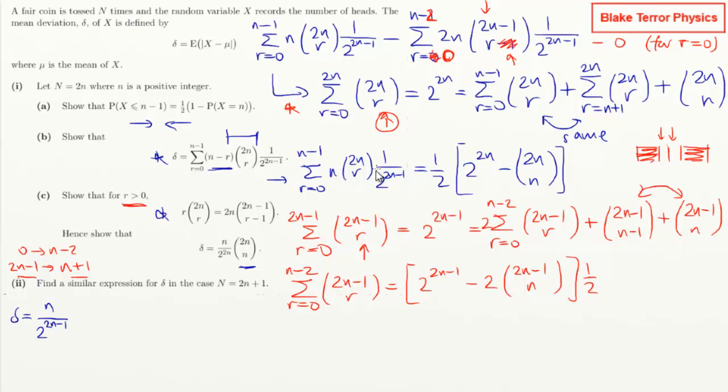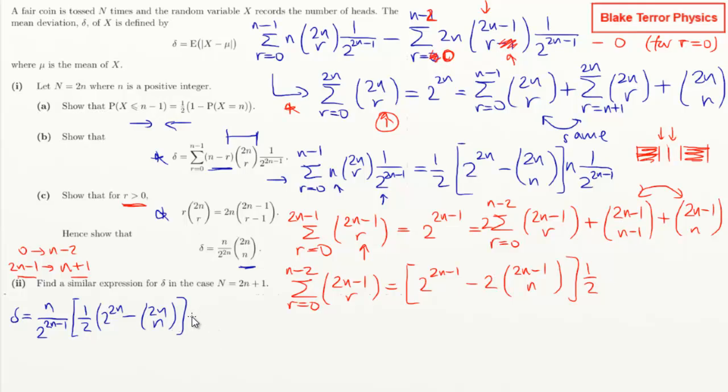Oh, I've not written these bits in. So that would be an n times 1 over 2 to the 2n minus 1. So I've got that, but now I need to multiply by a half of 2 to the 2n minus 2n choose n. Okay, so that's one bit.